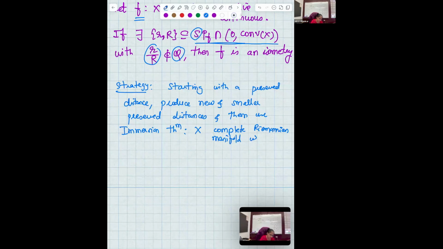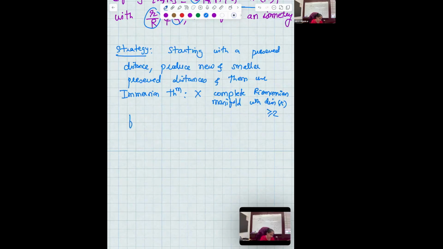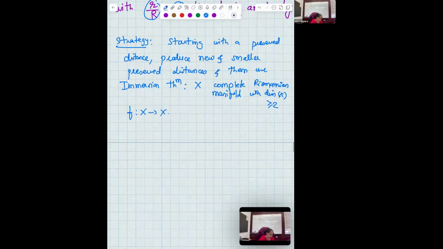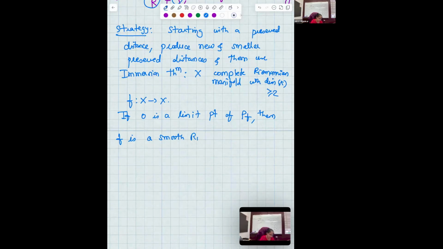with our usual hypothesis that the dimension of X is bigger than or equal to 2, and f is a self-map. Now if 0 is a limit point of this PF, then f is a smooth Riemannian immersion.